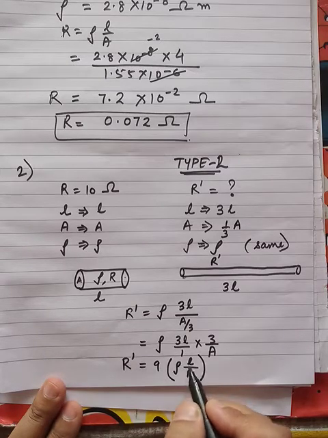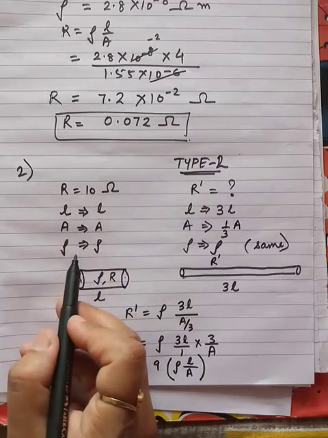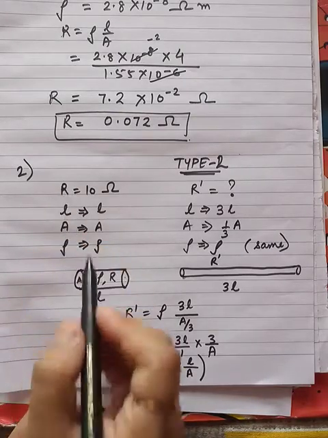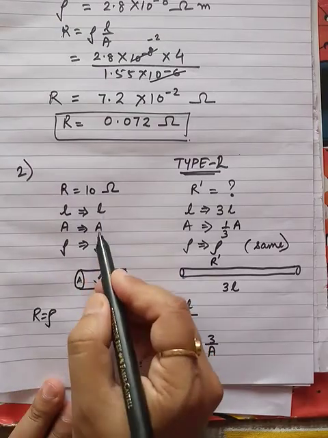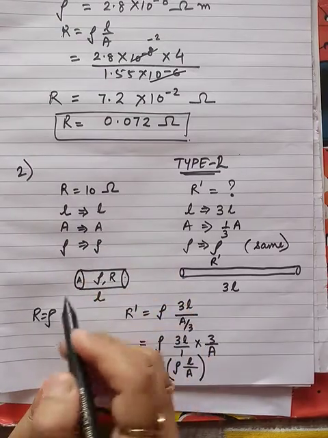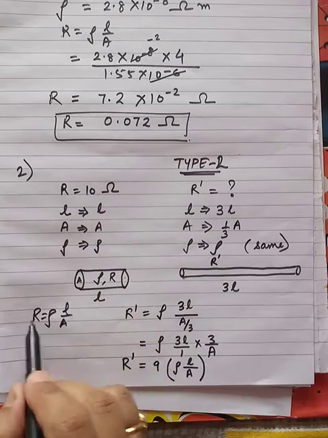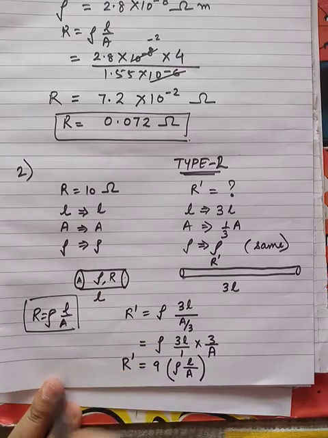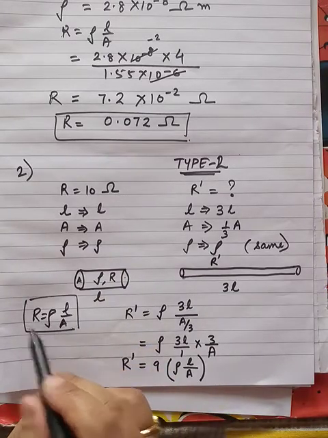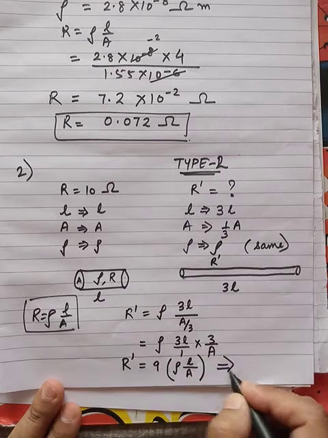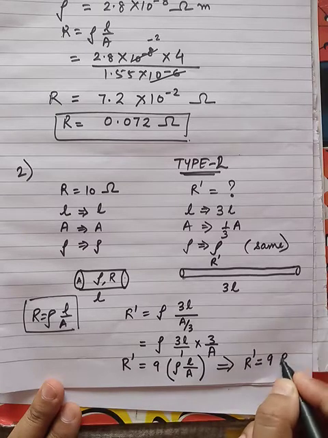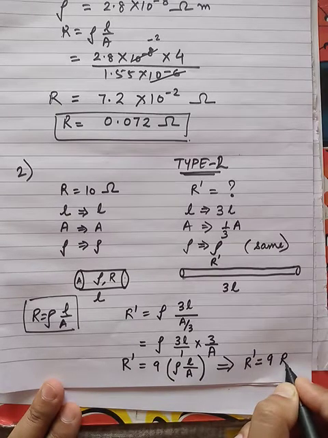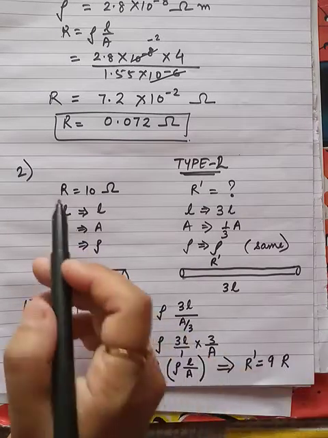So what is this? This is nothing but the older resistance. In the earlier case, what was the resistance? R is equal to rho L upon A. So put rho L upon A as R, and R dash is equal to 9 times of R. And what is the value of R?